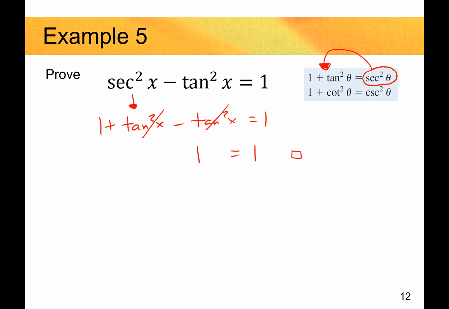There it is. There's my little box. I've just proved the right side and left side are the same, and I'm done. So notice those Pythagorean theorems involving tangent and secant and cotangent, cosecant help to go a lot faster sometimes.